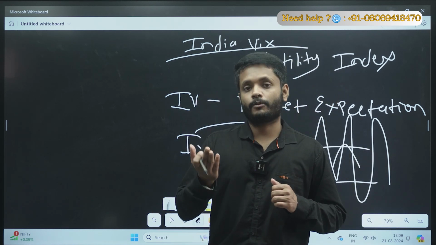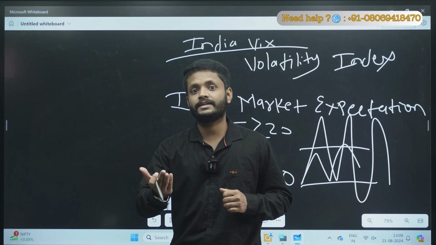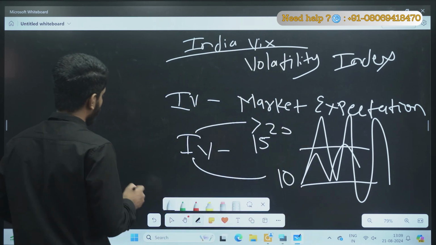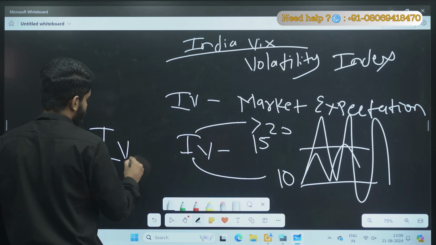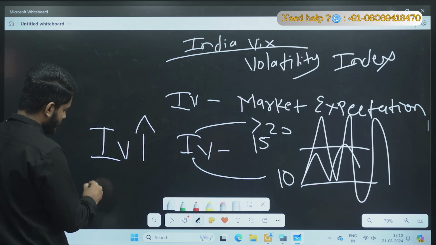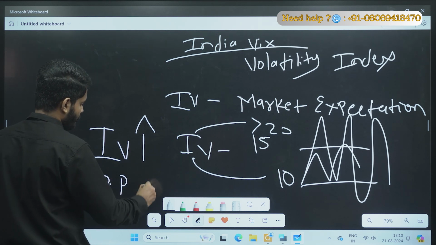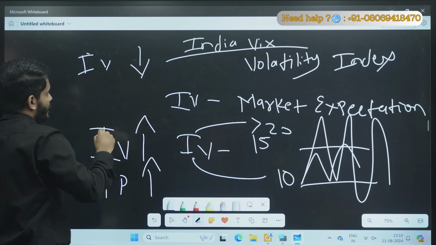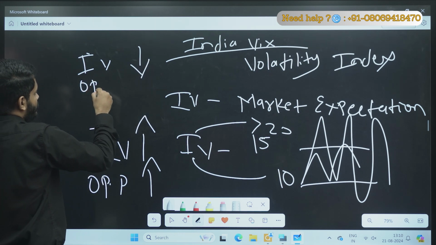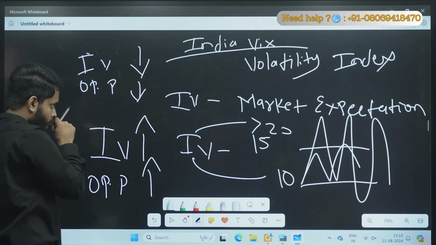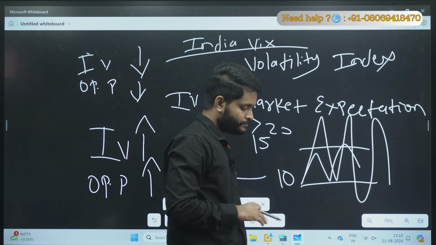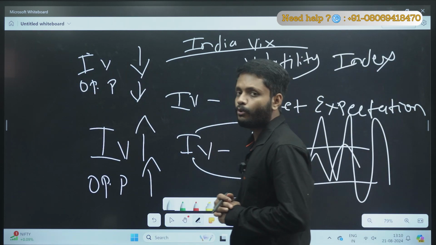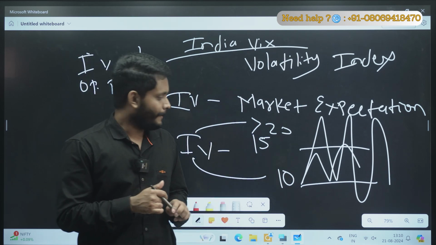When the demand for options increases, the prices of the options shoot up. So when IV goes up, the option premium goes up. When IV goes down, the option premium also goes down. So there is a direct relationship between implied volatility and the option premium.